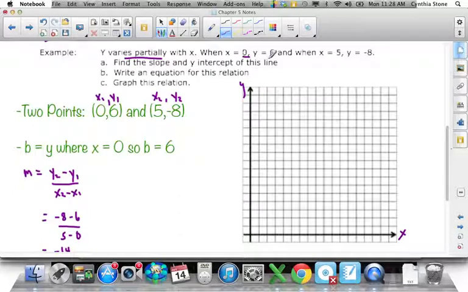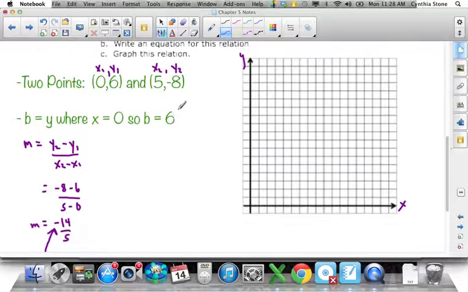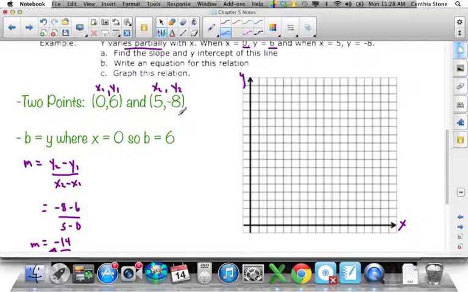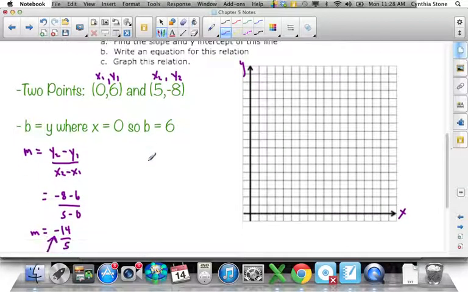So x equals 0, y equals 6. So it gives me the y-intercept. Okay? So I've got that. Now I can write my equation. y equals negative 14 over 5 x plus 6.